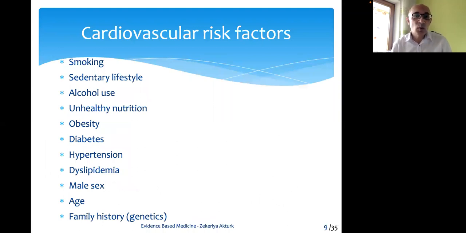Stroke we have mentioned. Now, what about cardiovascular risk factors? If you take the cardiovascular risk factors, you probably know this list by heart because they are frequently referred reasons of cardiovascular risk. We may categorize them as modifiable and unmodifiable, of course. Sex, for example, is not modifiable. Age also, family history also not modifiable. But many of the cardiovascular risk factors, or in general risk factors, are fortunately modifiable.